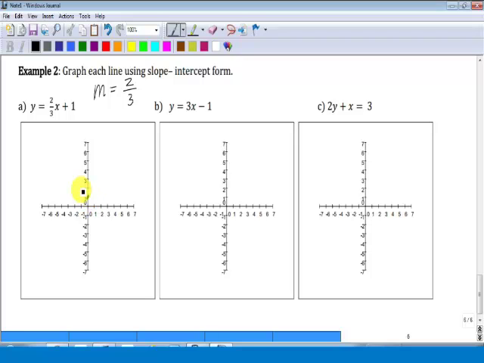There it is. So if we begin with the point 0, 1 and the slope 2 over 3, we use that. Since 2 is the vertical change, positive 2 would indicate we could move from that point and go 2 up. Since 3 is the horizontal change, we could go 3 to the right.